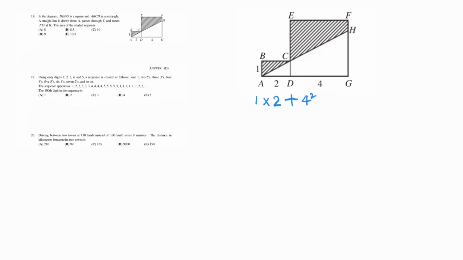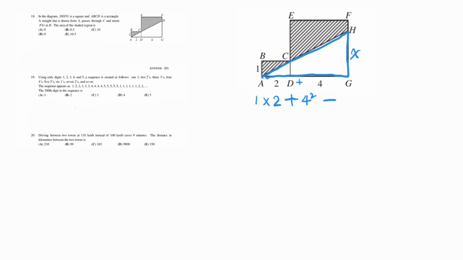That's the whole area. We subtract the area of AHG. AG base is 6, 2 plus 4, but we don't know AHG. Now we let HG equal X.